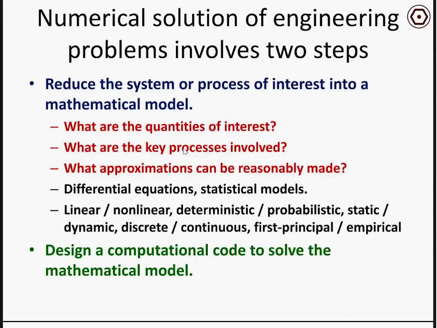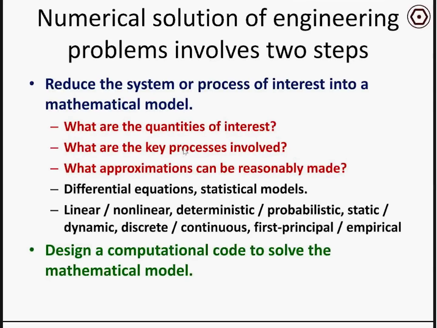Like in a system, what do you want to know? And what are the key processes involved? What approximations can we reasonably make that will lead you to the right prediction of the quantity of interest? The model we derive can be differential equations or statistical models.